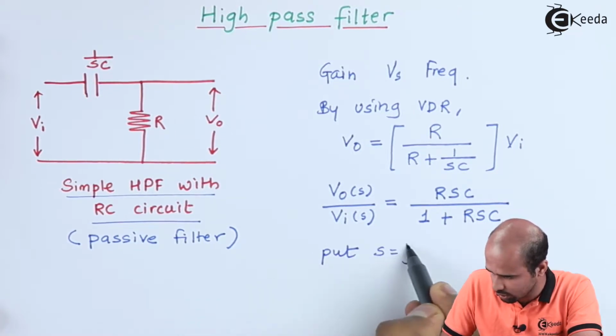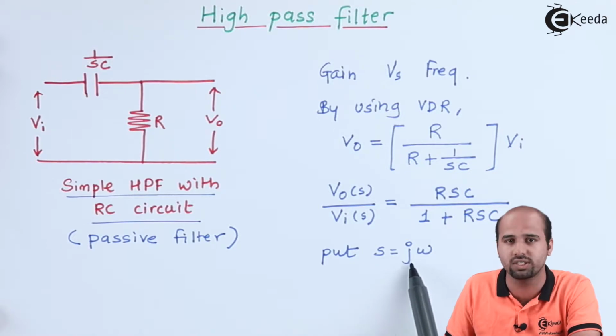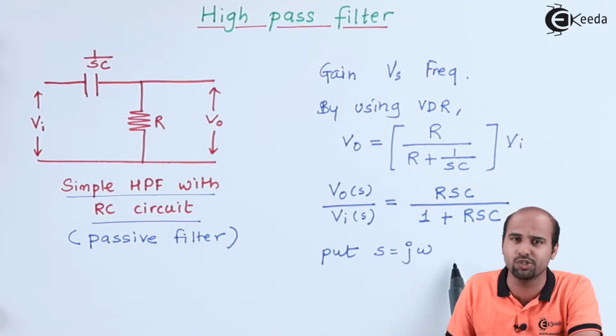We will put S is equal to J omega. This is because we are playing with AC signal. That means for a sinusoidal signal we just put the value S is equal to J omega. We neglect the real part of it because this sinusoidal signal has only imaginary poles.